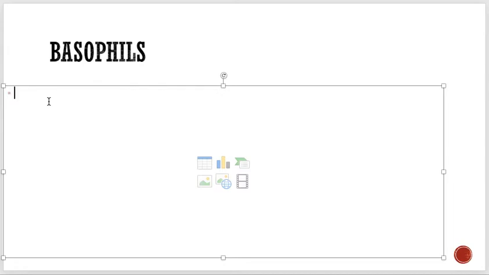Basophils contain an anticoagulant called heparin, which prevents the blood from clotting, and they also contain histamine, which is a type of vasodilator. So when the basophils release these two things, what will happen?